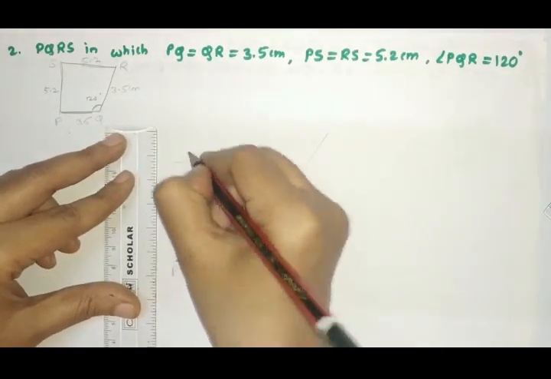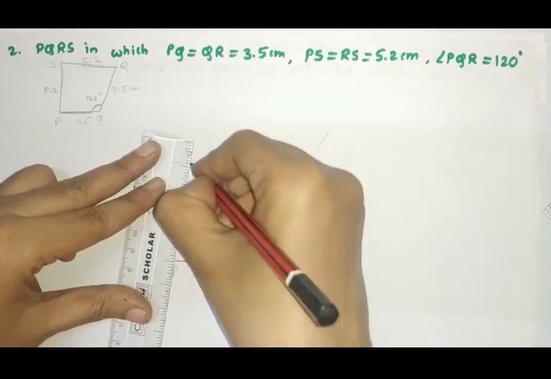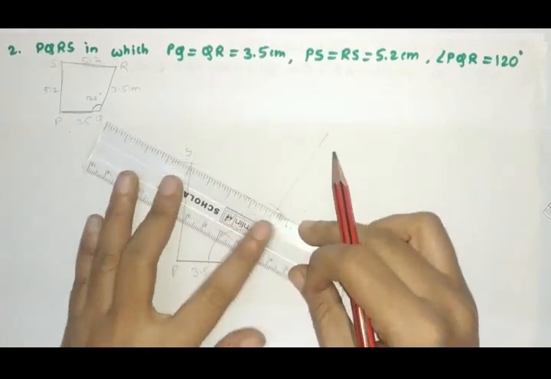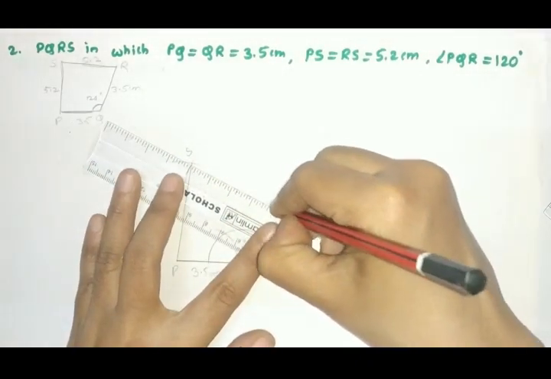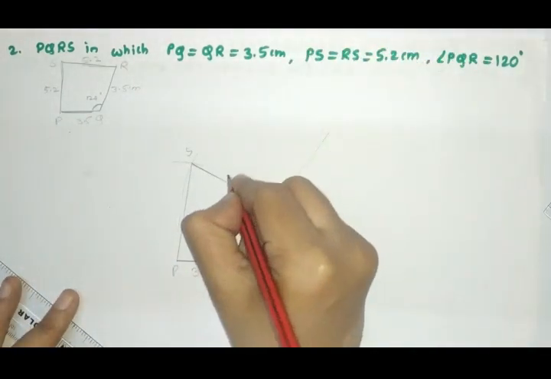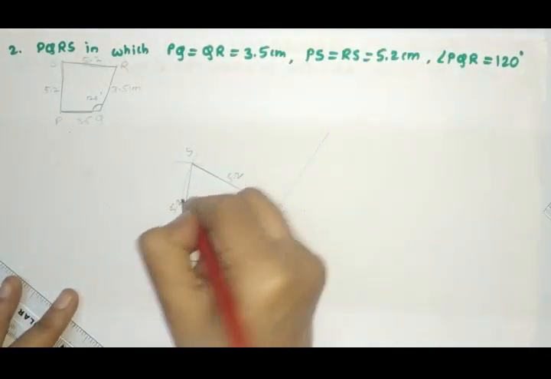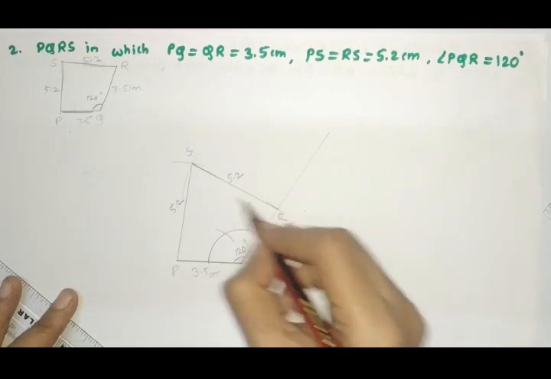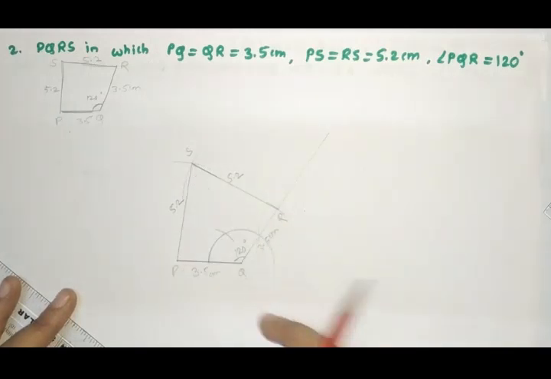So the point which you get here is S. Join these lines and also join these two lines. This is also 5.2, this is also 5.2, and this is R. So PQRS, this quadrilateral we have made.